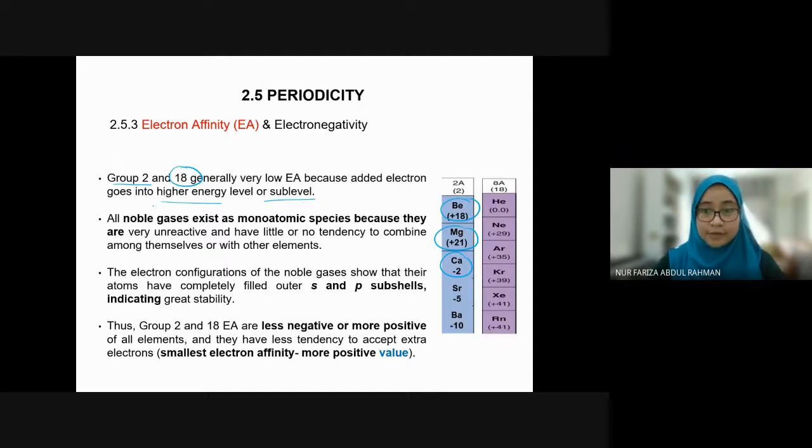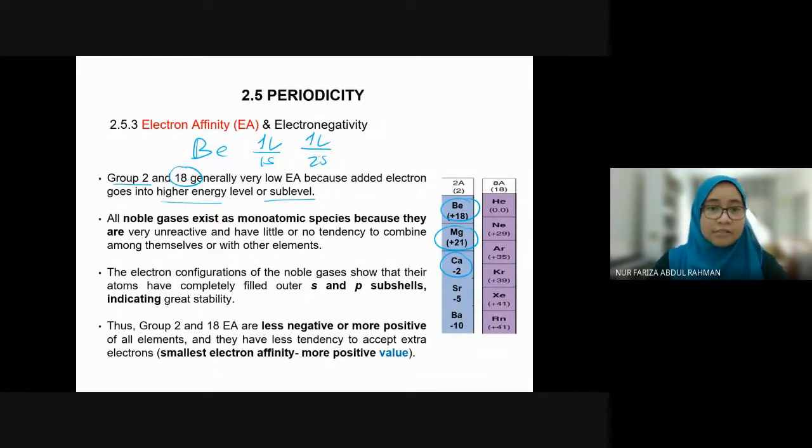Take for example beryllium. Look at the orbital diagram. Beryllium has 4 electrons, 1s and 2s. It says here very low EA because the added electron goes into a higher energy level or sublevel.